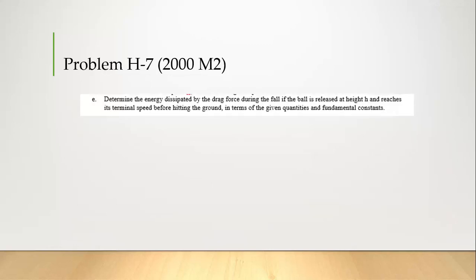Now, the last part of this question that was actually a part of this question was to determine the energy dissipated by the drag force during the fall if the ball was released at a height h and its terminal velocity was reached before hitting the ground, in terms of the given quantities and expressions. The way that I would do this is to figure out the work done by the ball, that's going to be equal to the initial energy minus the final energy.